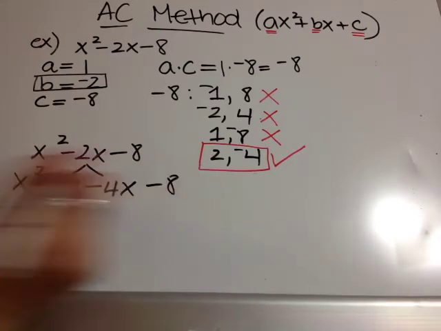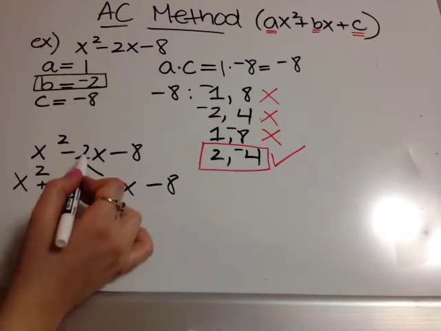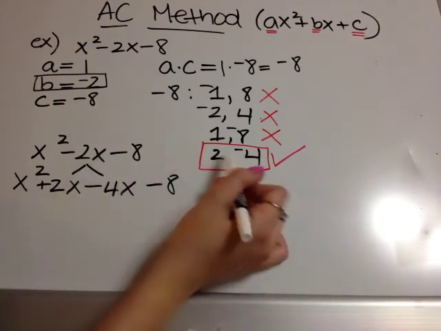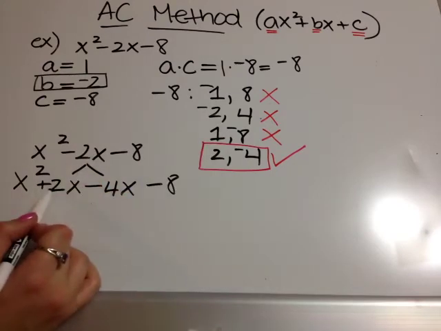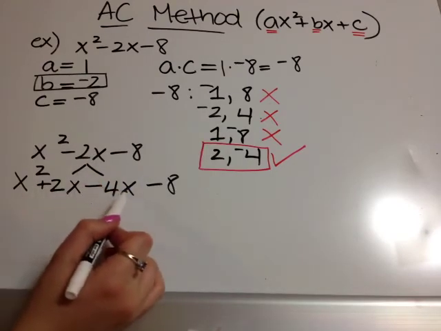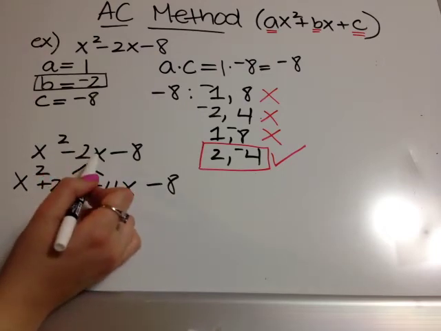And then we're just going to copy our last number. So again, just to go over this, what we did was we split our middle term into two terms based on the pairs that we picked. So negative 2x became plus 2x minus 4x, because 2x minus 4x is going to give me back negative 2x.